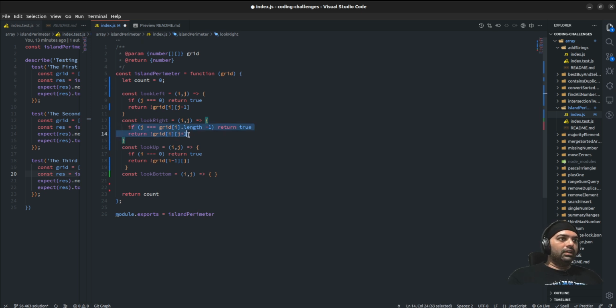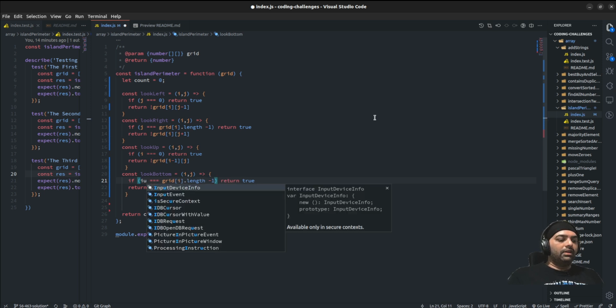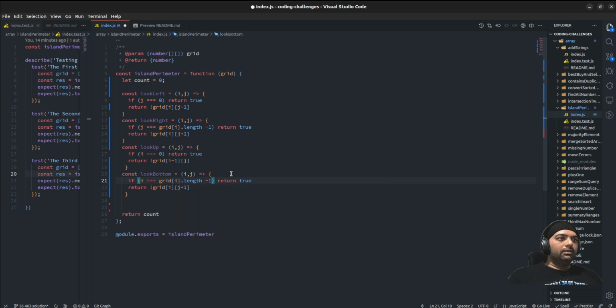Coming to the next point, what would we have at the bottom? For the bottom we would have the same thing, but instead of j it would be i, and here the length of j, and i plus 1, and j.